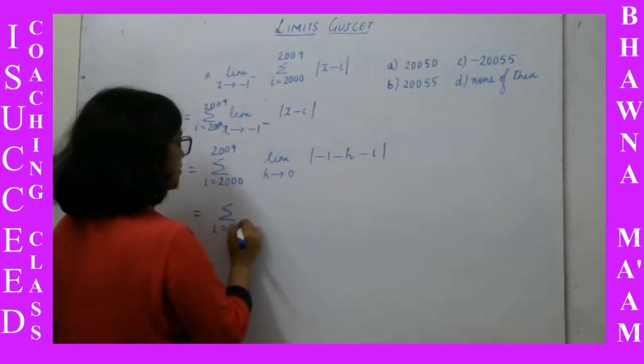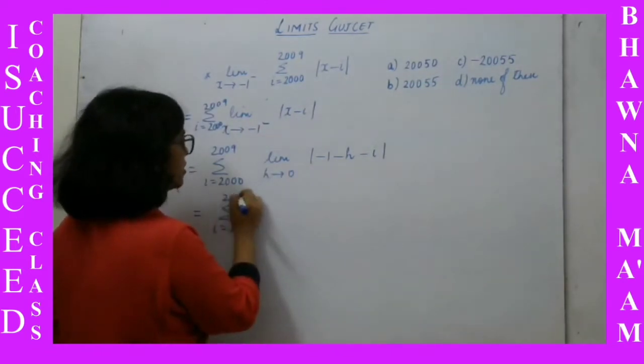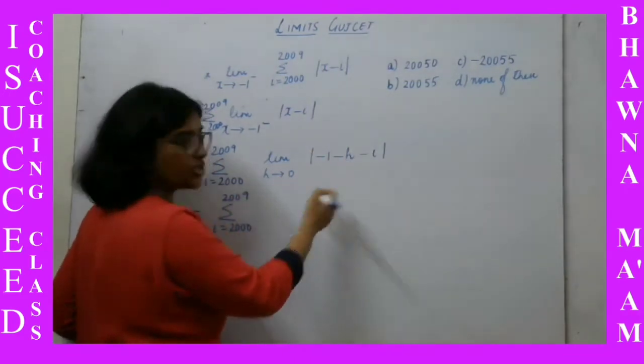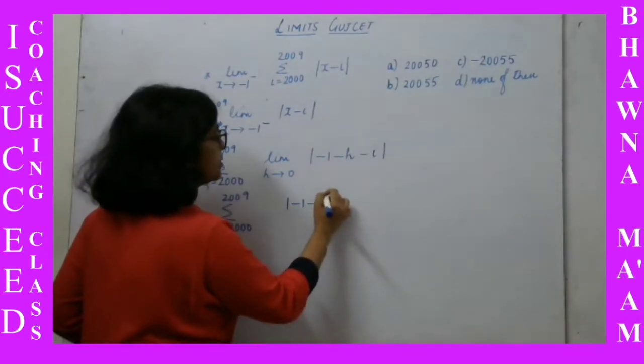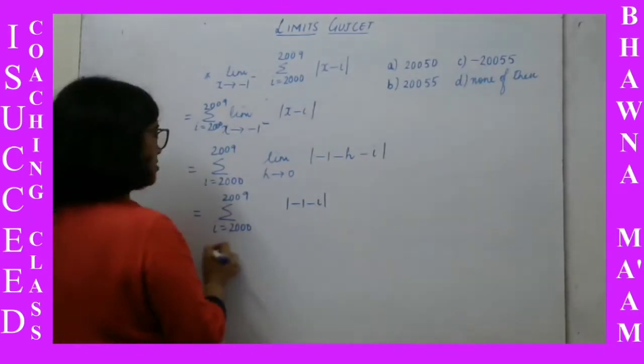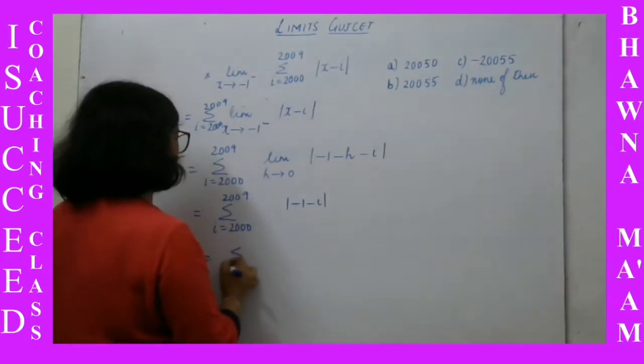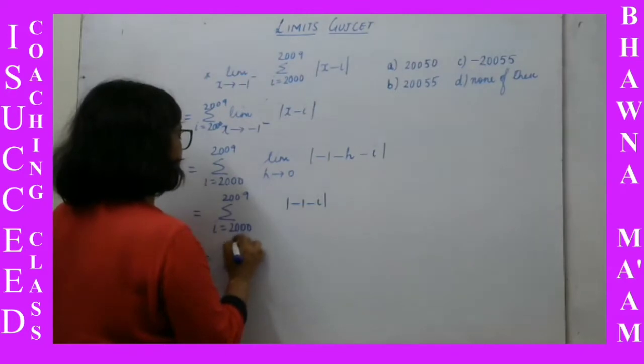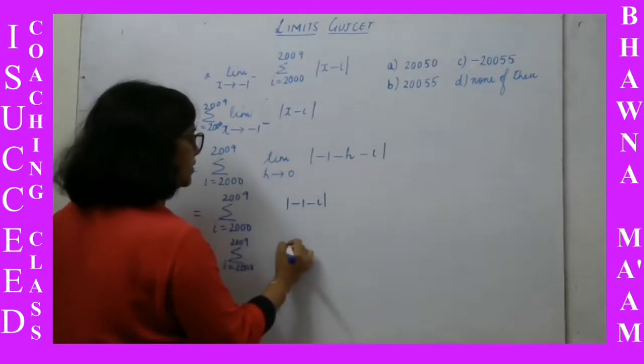This is a form where the denominator is non-zero, that's 1 over here. So directly put h as 0, minus 1 minus i. Minus common, and the modulus will make it positive value 1 plus i.